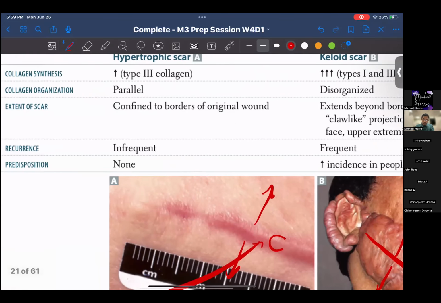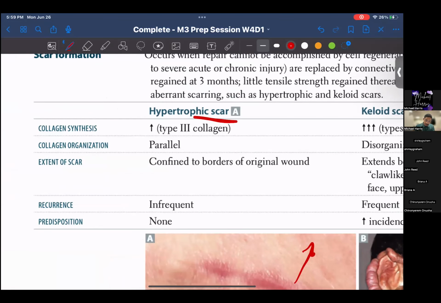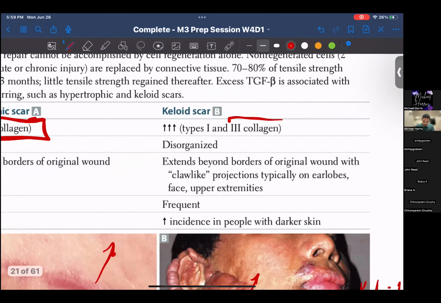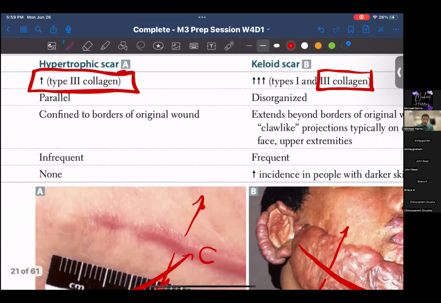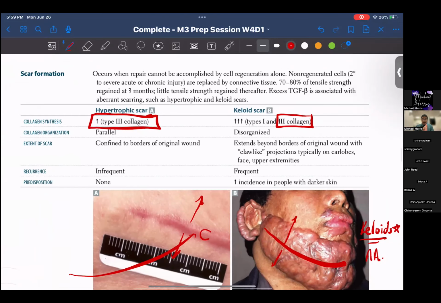Now, once again, type 3 collagen. The big difference between the two of them is that in a keloid scar, yes, you have the fibroblast producing a lot of collagen, but it's not just that.